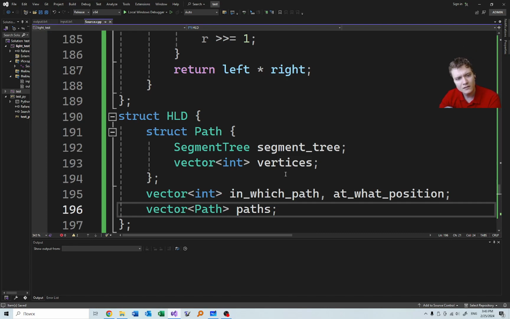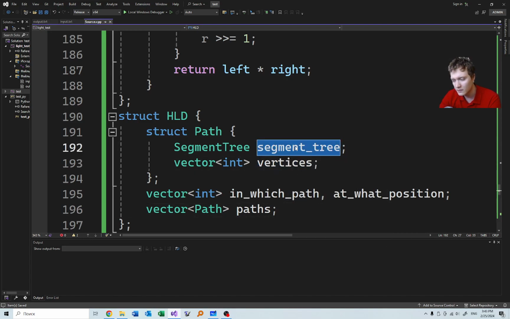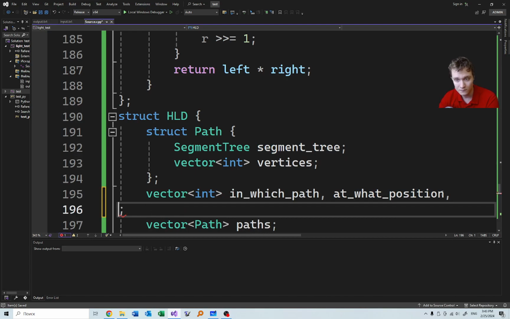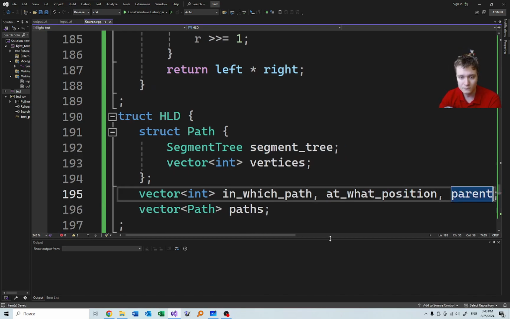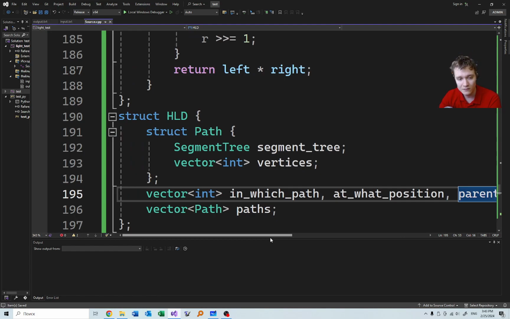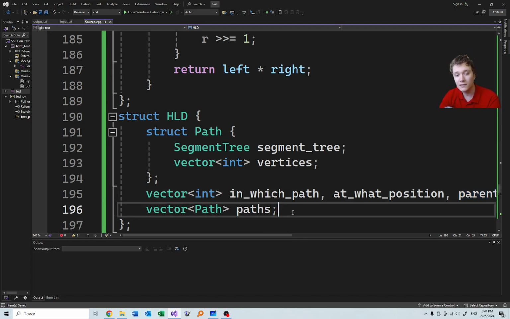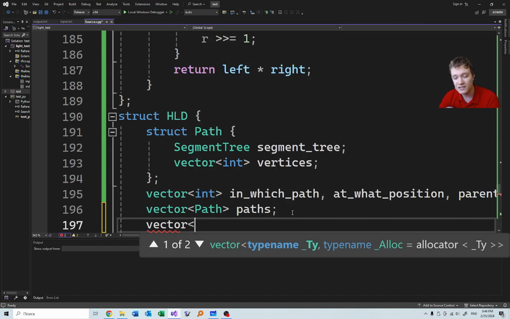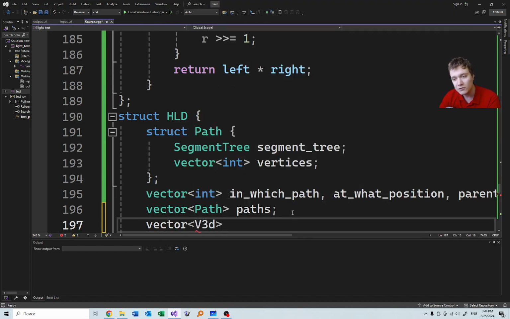Do we need anything else? For each path we store the set of vertices, its segment tree. Also, I need to store a parent. For each vertex we need a parent. Anything else? And for each vertex, if it is a leaf, we need to store its vector.